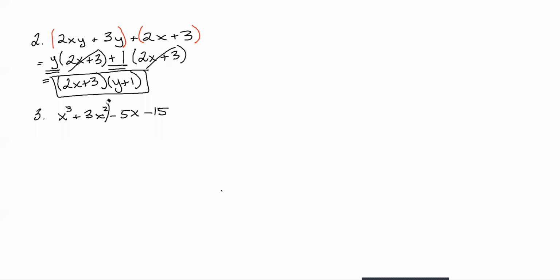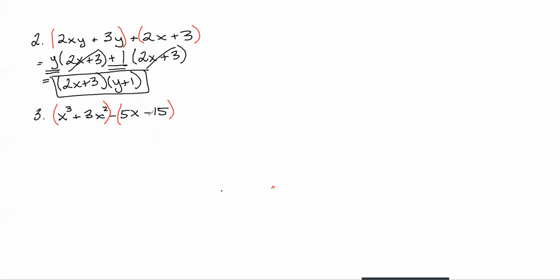Let me change this to red. One thing we have to be careful with though is we can't leave this minus sign in between like this, because this minus sign is just for this 5x. If we put parentheses like this, think of it like distributing. That would mean that we're also subtracting negative 15, but we don't want to do that because we want a minus 15. We don't want a plus 15.